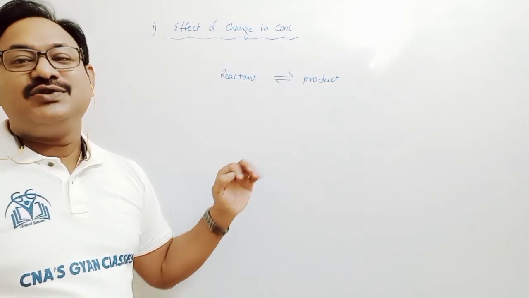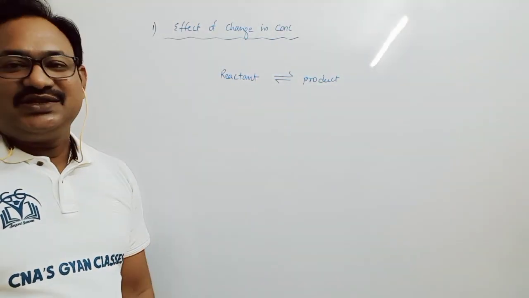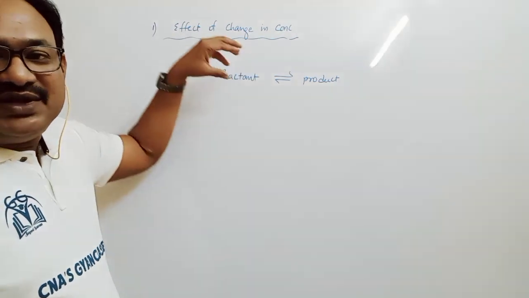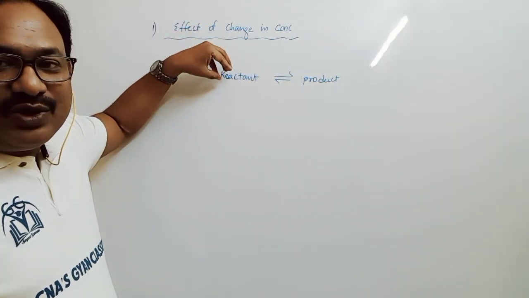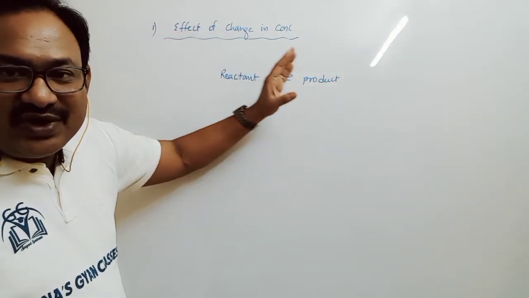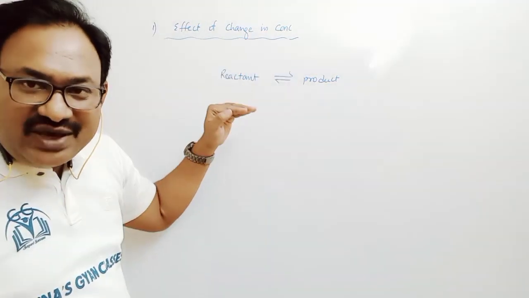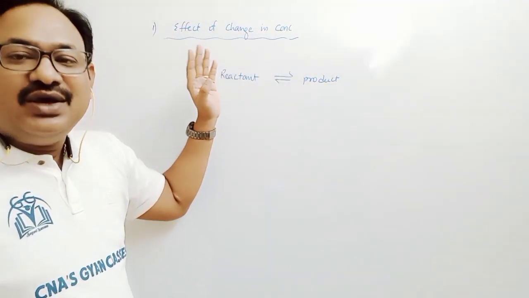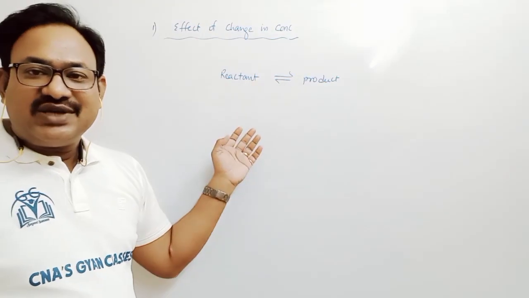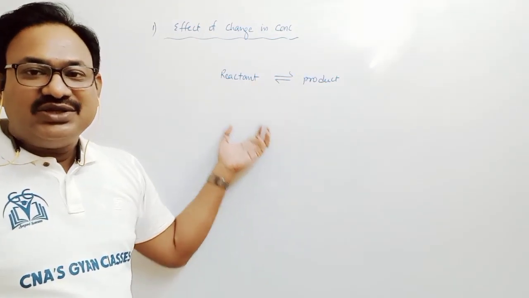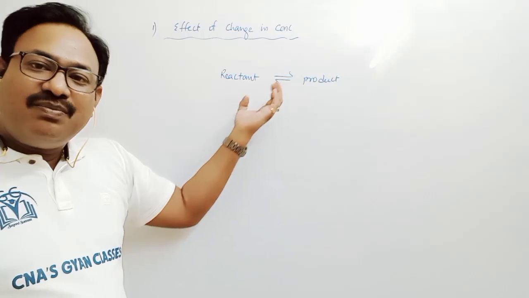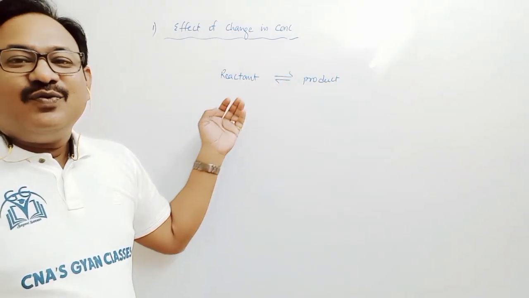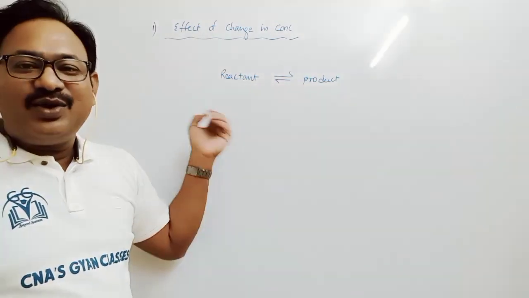Towards product. So forward reaction is favorable. Have you understood? When you add reactant to an equilibrium process, equilibrium shifts towards product side to minimize the reactant concentration. Equilibrium shifts towards product side, so forward reaction happens. When you remove reactants, backward reaction. When you add products, again backward reaction.